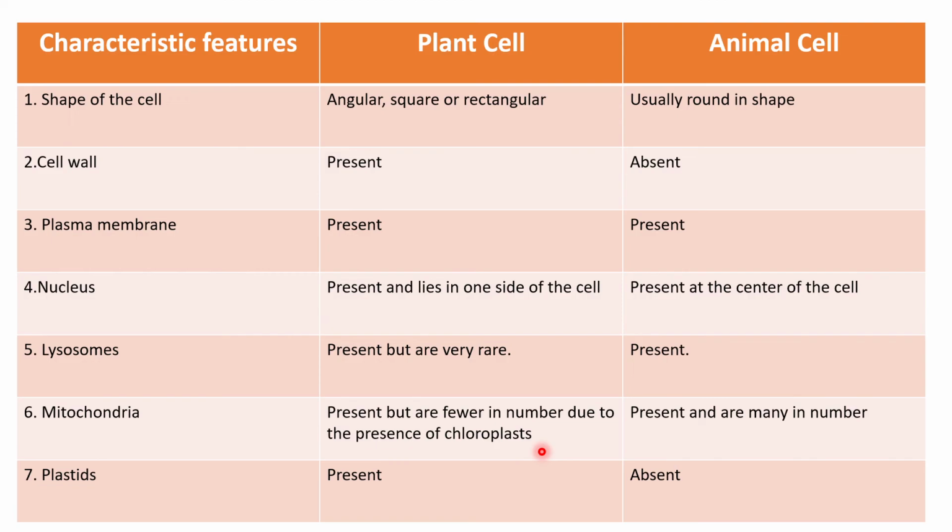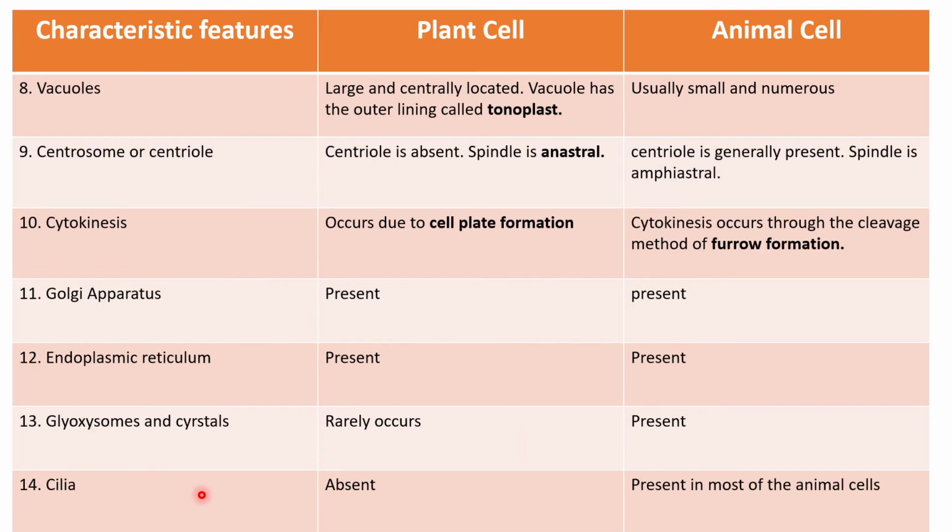So this is the basic difference between the structure of plant and animal cell, and we have discussed how the characteristic feature, shape of the cell, cell wall, plasma membrane, nucleus, lysosomes, mitochondria, plastids, vacuoles, centrosome or centriole, cytokinesis, Golgi apparatus, the endoplasmic reticulum, glyoxysome and crystals rarely occur in plant cell and are always present in the animal cell.